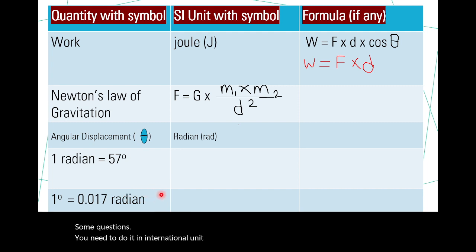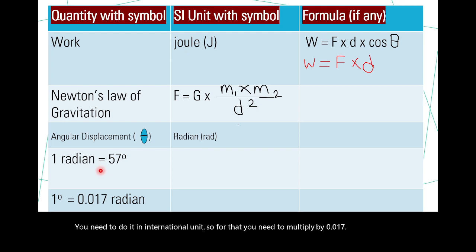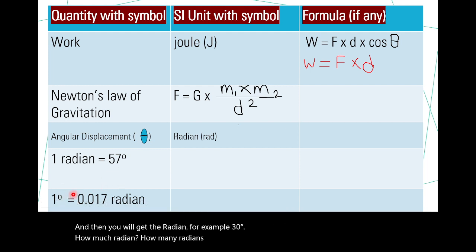For that, you need to multiply by 0.017 and then you will get the radian. For example, 30 degrees, how many radians? So 30 times 0.017 radian.